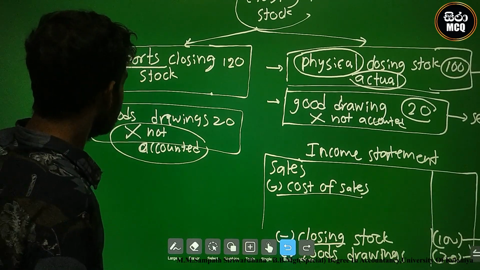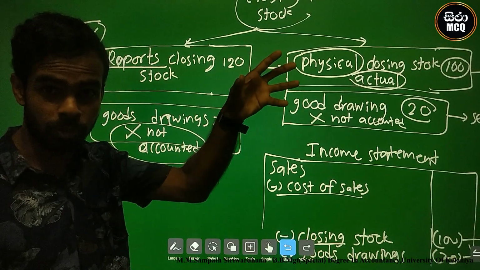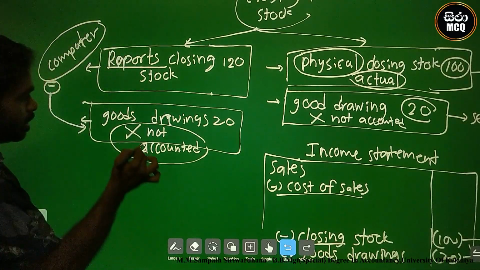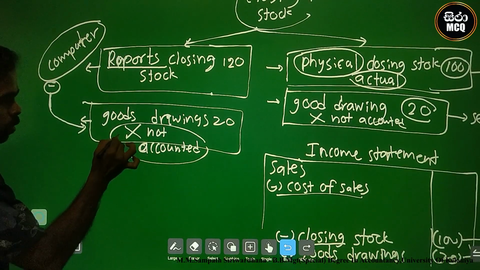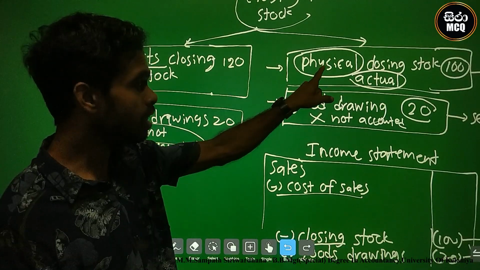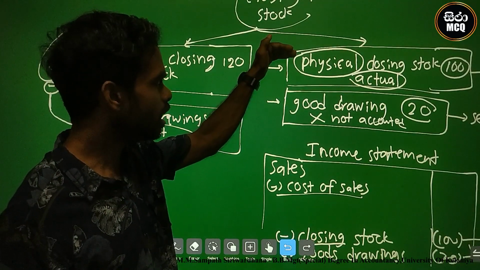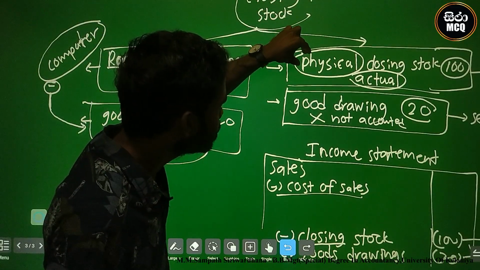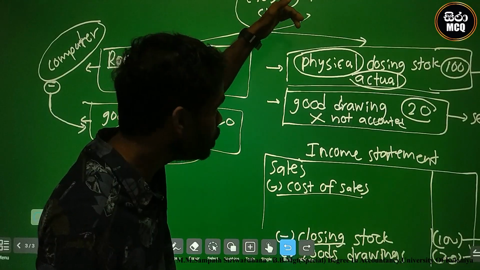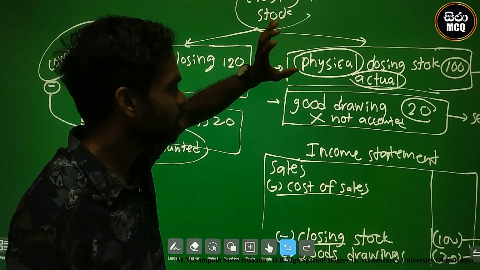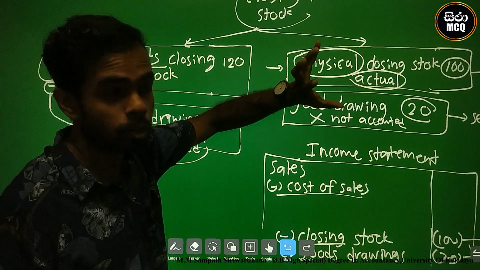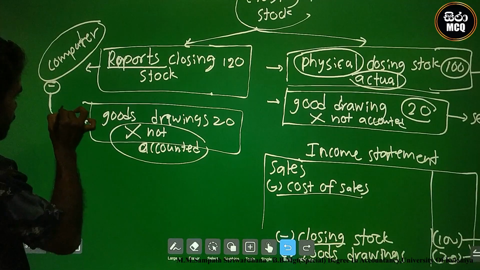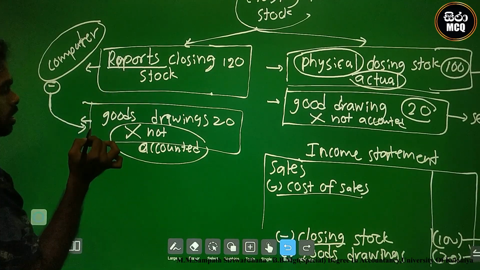Why? The report's closing stock means computer closing stock. This computer closing stock is in error. Why? The goods drawings of 20 were not accounted, but the physical one is actual. This is not related to accounts. Accounts means computer accounts. There is no deduction from this closing stock.